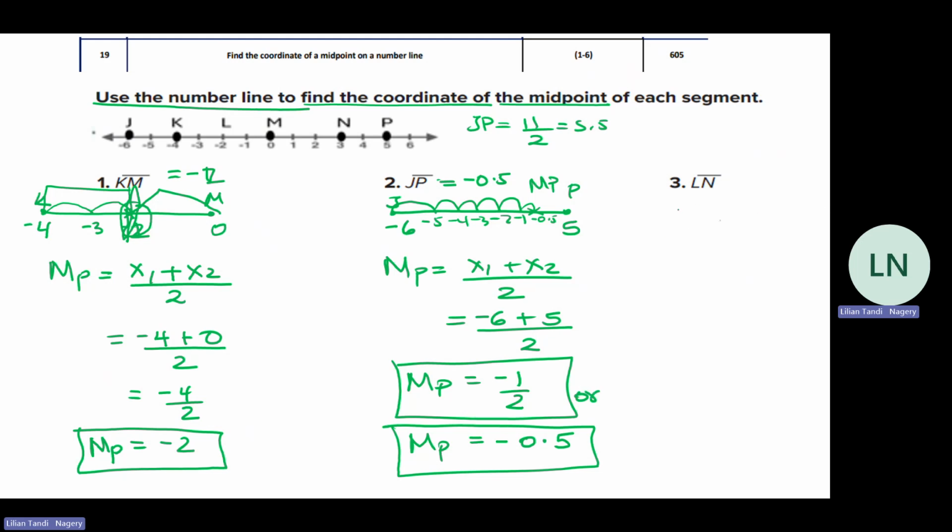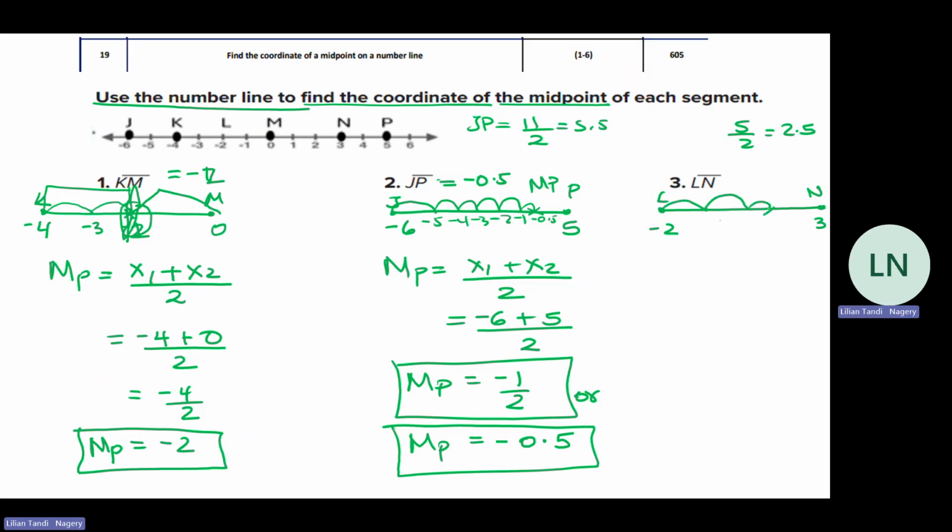And let's try LN. L is -2 and N is 3. So this is 5 spaces. Half of 5 spaces is 2.5 spaces.